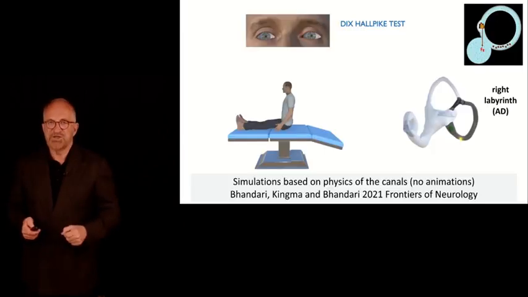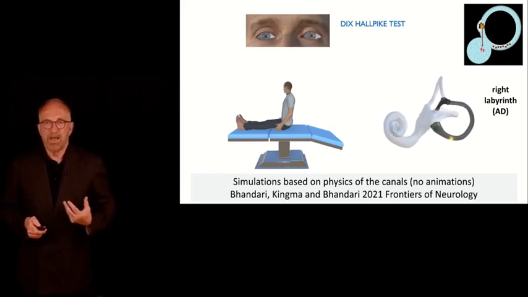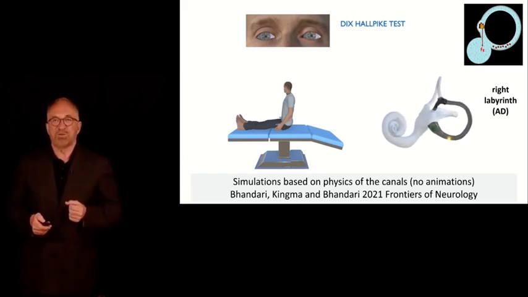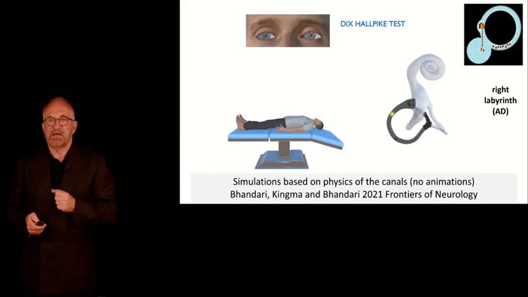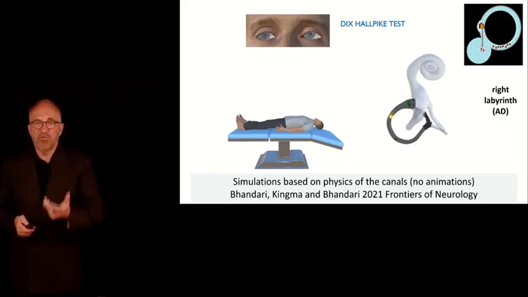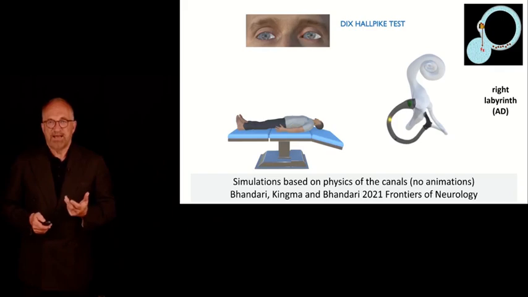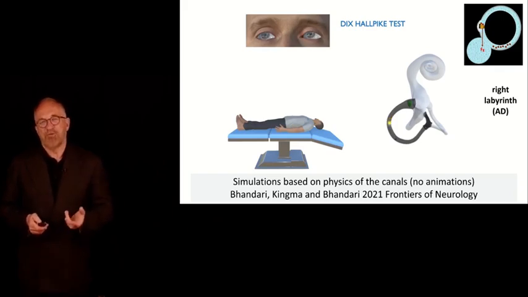Now this changes when there is a problem in the labyrinth. So if calcium carbonate crystals come in the canal, as you can see here, then this movement of clots can induce a flow of the endolymph and a deflection of the ampulla of the cupula.